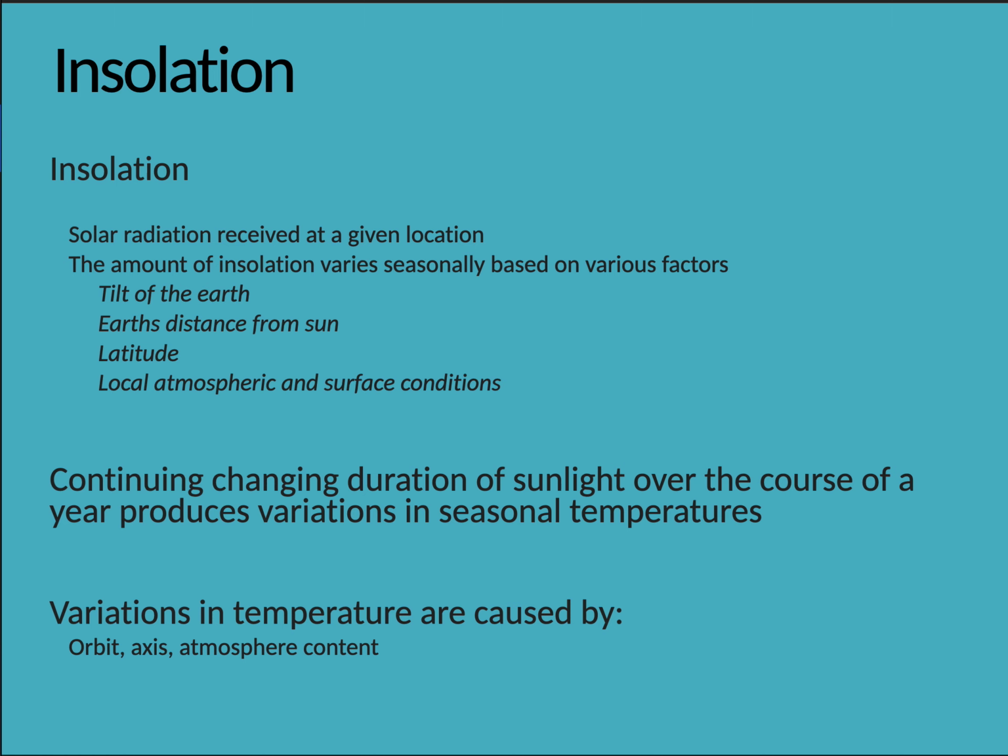Please remember that in the elliptic orbit that we have around our sun, the difference between our winter relationship to the sun, which is relatively close, and our summer relationship to the sun, which is rather far, for the northern hemisphere, really isn't that much.